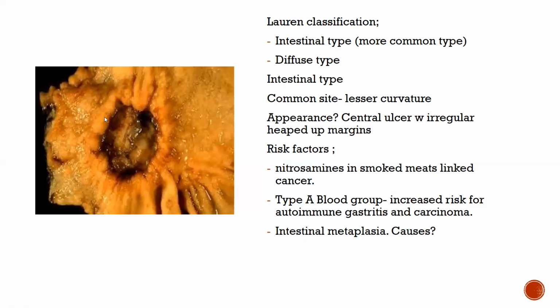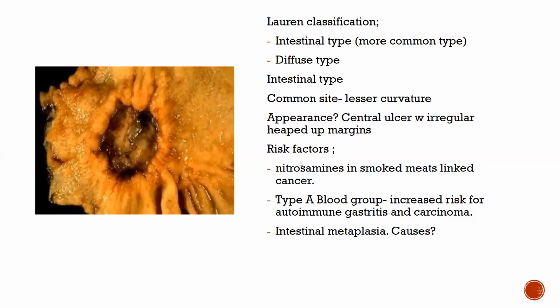It presents with a central ulcer, and then you will see these margins here. They are irregular, and then they are heaped up. They come upwards. Okay, is that clear? This is a central ulcer.